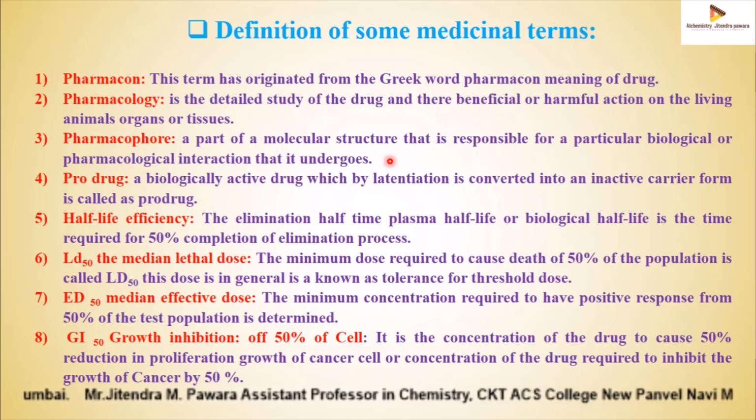By introducing a suitable pharmacophore, it is even possible to make a drug less toxic than otherwise. Some examples of pharmacophore groups are alkyl group, hydroxy group, alkoxy group, aldehydes, ketones, halogens.